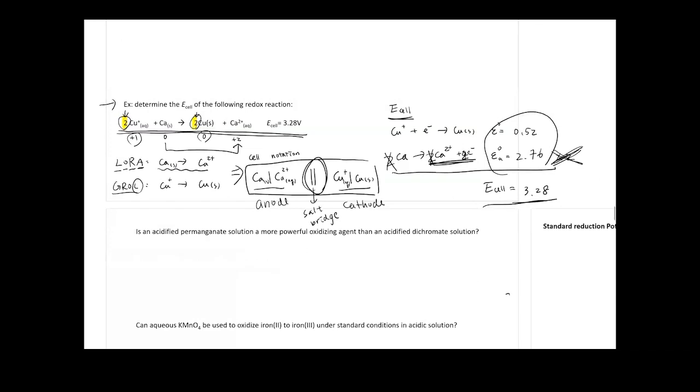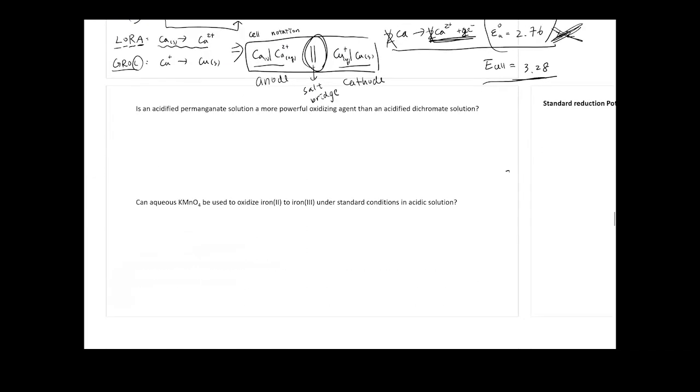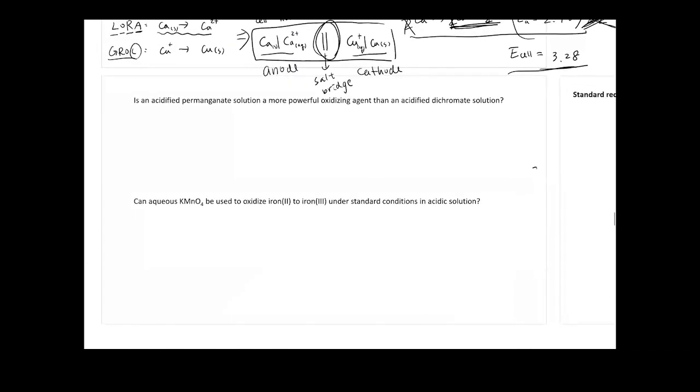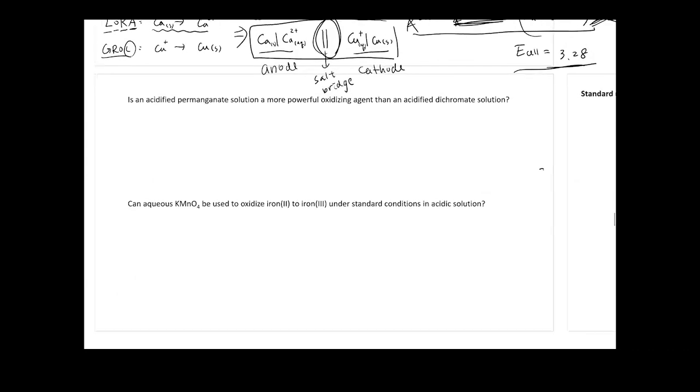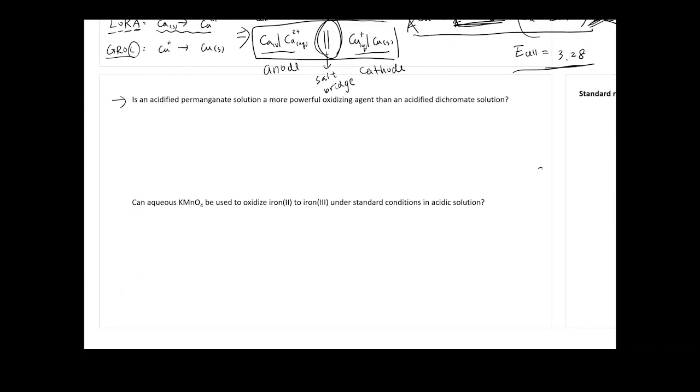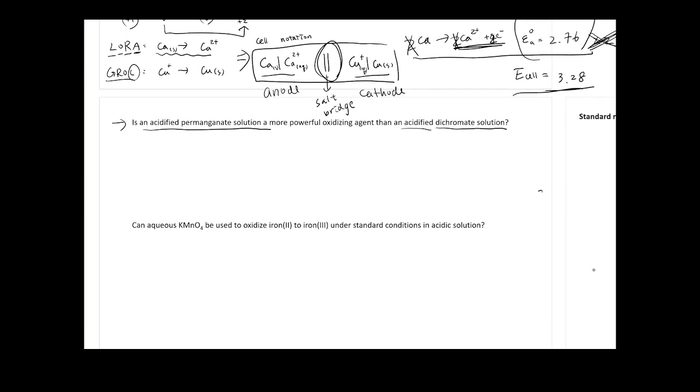So I want to go through 2 more examples that apply the concept of the standard reduction potential. Example number 1. Is an acidified permanganate solution a more powerful oxidizing agent than acidified dichromate solution? Here you want to be careful because you see this word acidified. That means the reduction reaction you're looking at must contain H+.